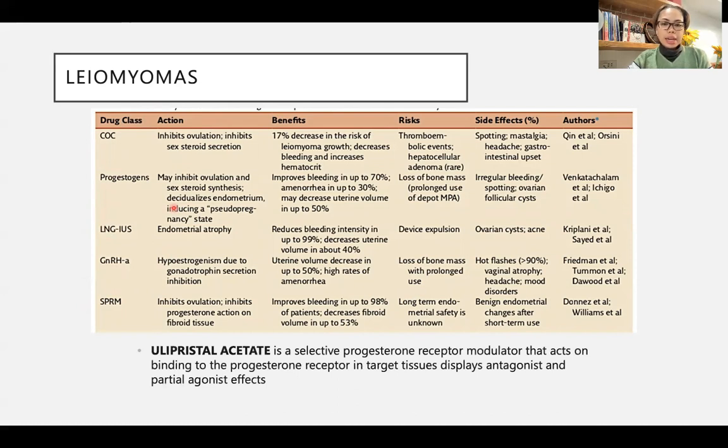It's a selective progesterone receptor modulator that acts by binding to the progesterone receptors in target tissues, thus displaying antagonistic and partial agonistic effects. As I said in the pathogenesis, steroids play a very significant role in the growth of the myoma. Therefore, a selective progesterone receptor modulator such as ulipristal acetate can do its job of decreasing the myoma.